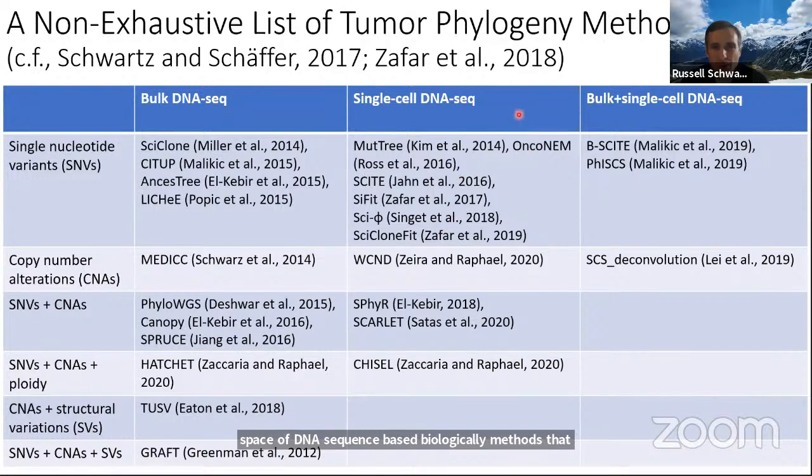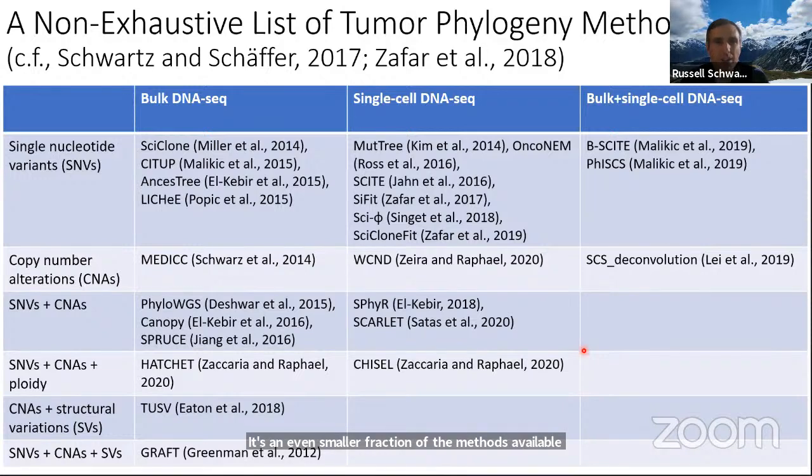There are many for different combinations of data types and different kinds of genetic variation we care about: single nucleotide changes, copy number changes in the genome, and structural variations like translocations, rearrangements, inversions, and so on. And these are just a small fraction of the methods that were available a year ago when I put this together. It's an even smaller fraction of the methods available right now as I'm speaking to you.